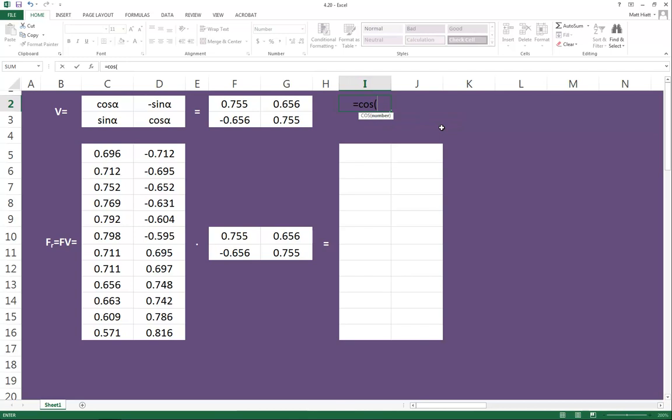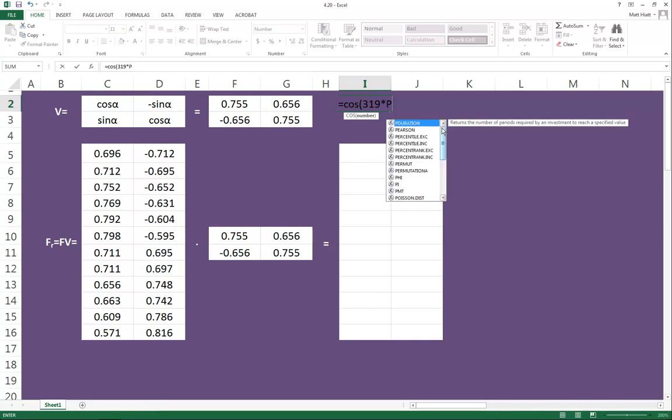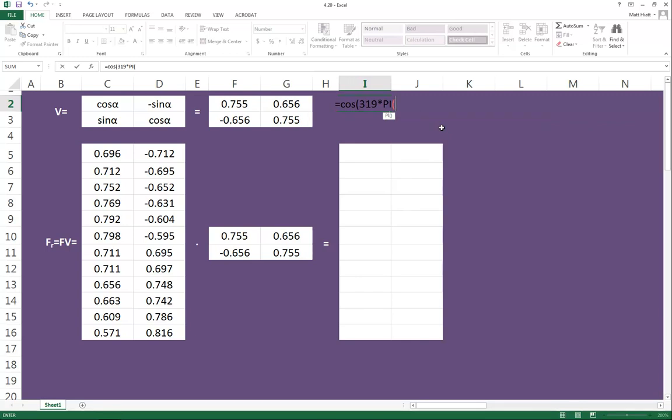Do parenthesis, and then type in your degrees, so 319, and that's times pi, and do open parenthesis, and then close the parenthesis again, and divide that by 180. And this is necessary to get the proper value here. Hit enter and we get 0.755.